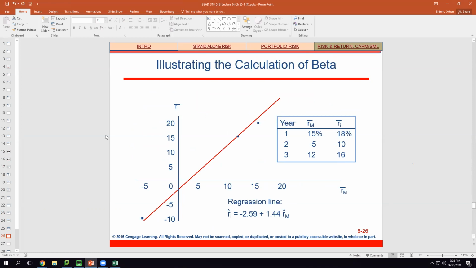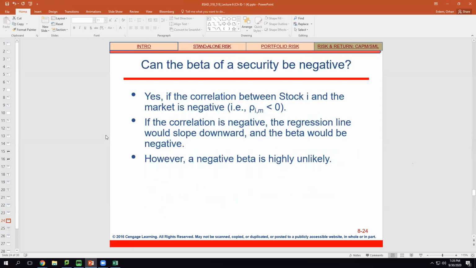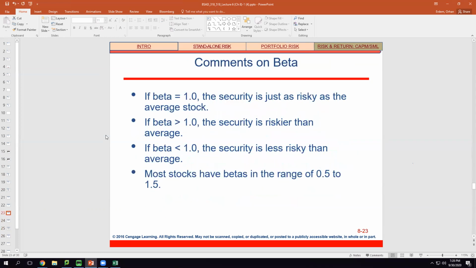In fact, if beta is 1, then the security or the stock is just as risky as the average stock.